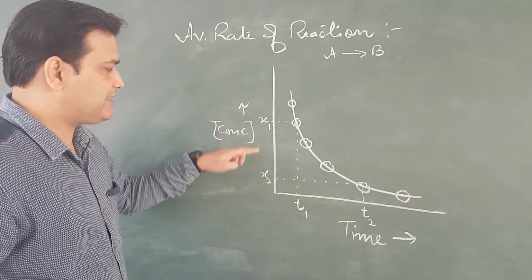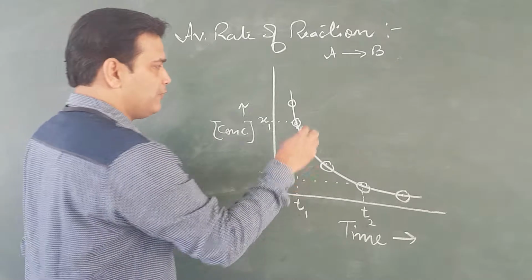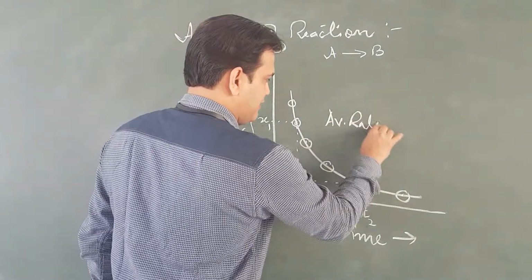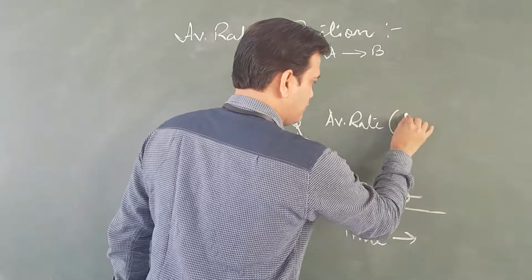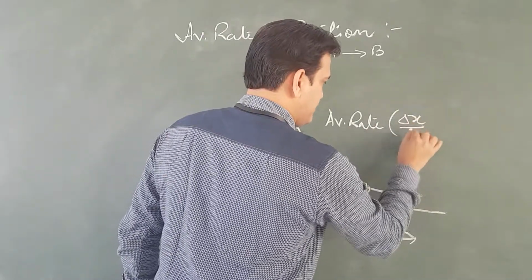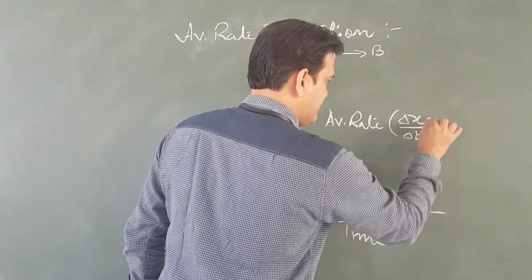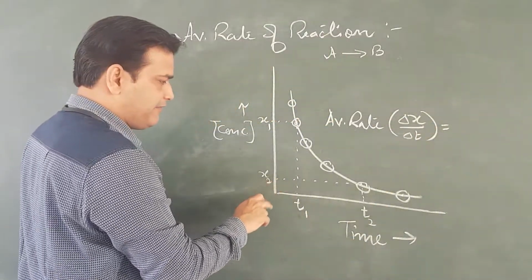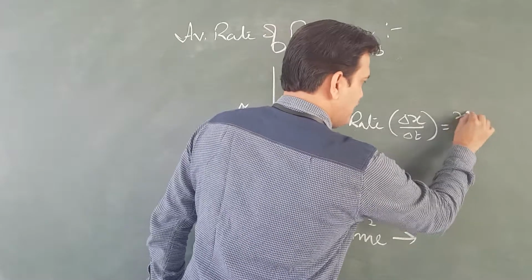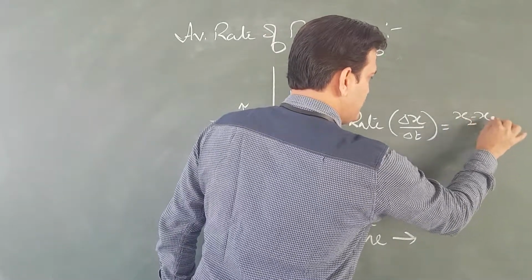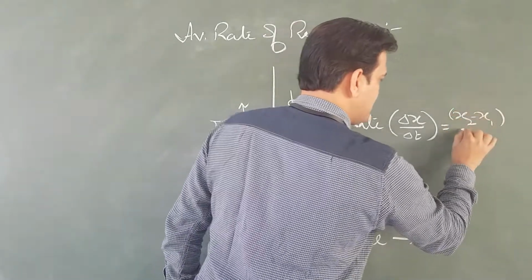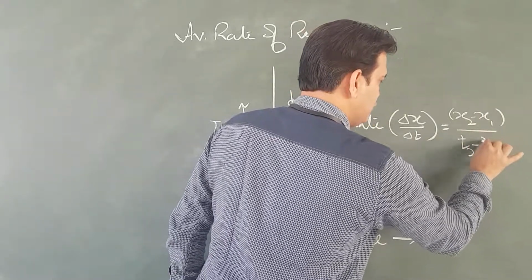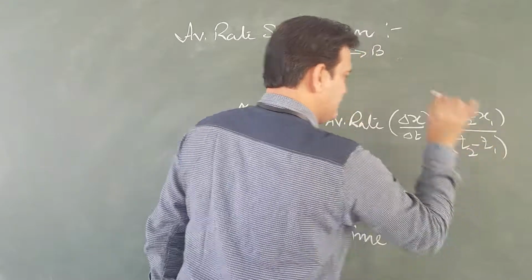Now, the average rate, which is also represented by delta x by delta t, it will be given by x2 minus x1 divided by t2 minus t1.